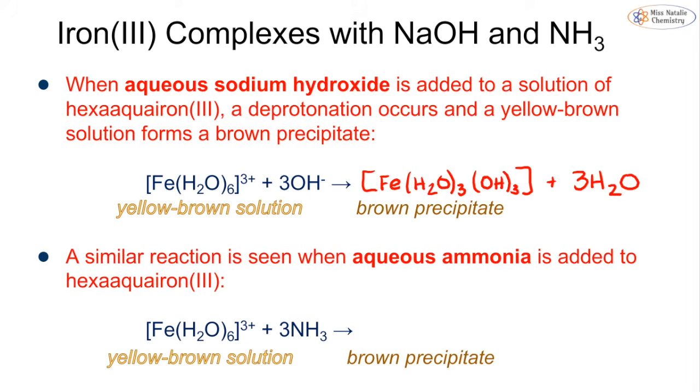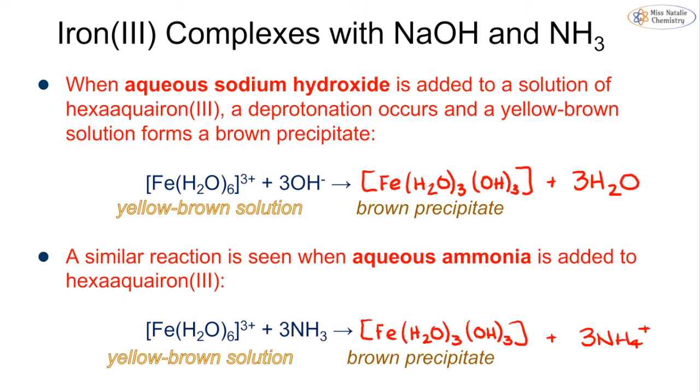And when we add the aqueous ammonia, we get that exact same complex being formed with the 3 water ligands being deprotonated, but we make this time 3 ammoniums. These are the same 2 reactions you're going to see happening very, very commonly over and over in this particular topic. The main thing that you have to know is what is the formula of the compound formed and what are the colour changes.